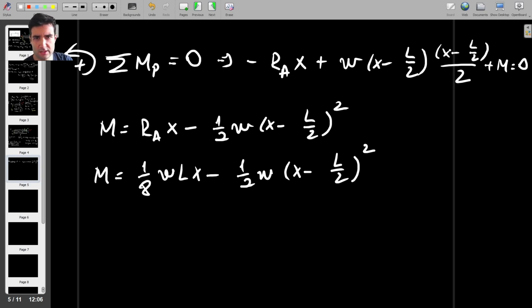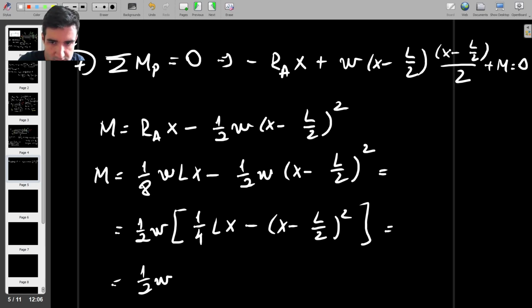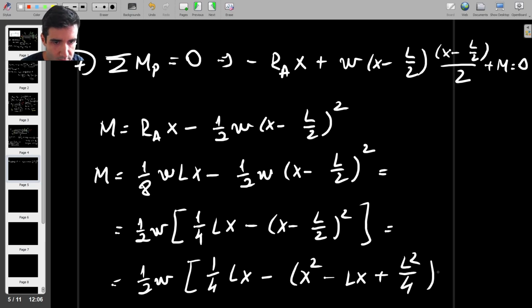And at this point, I would be tempted to just expand the brackets and also factorize 1/2 w. So we have 1/2 w, and then square brackets, we have 1 over 4 Lx minus, and I'll just keep this for now, (x minus L over 2) squared, which is x squared minus Lx plus L squared over 4.